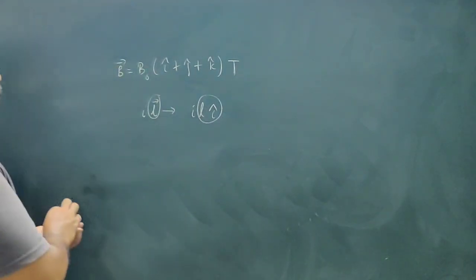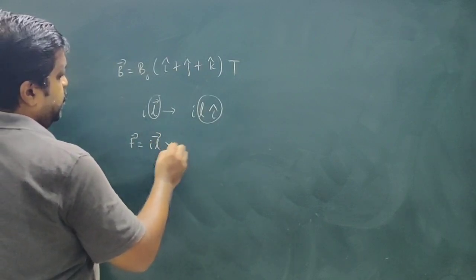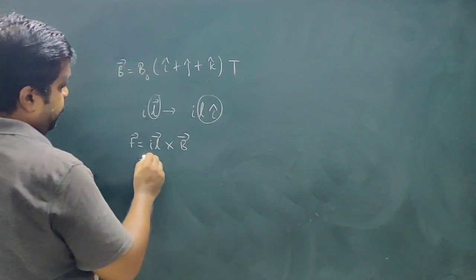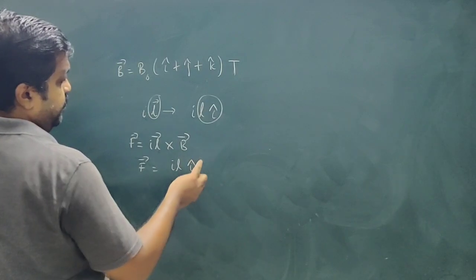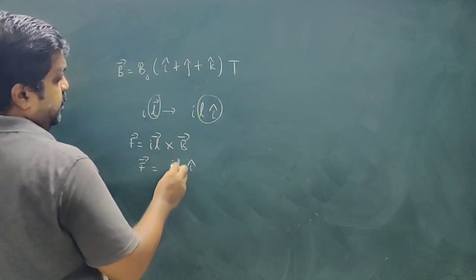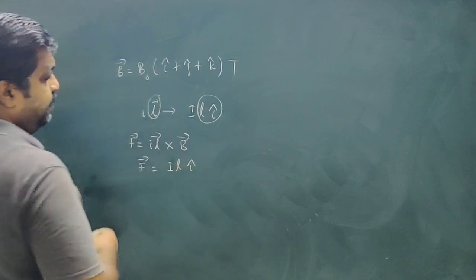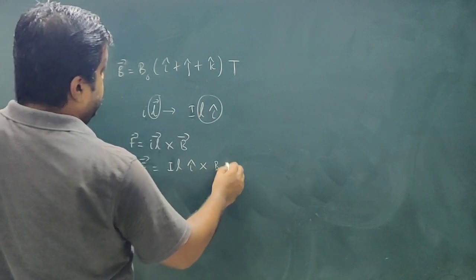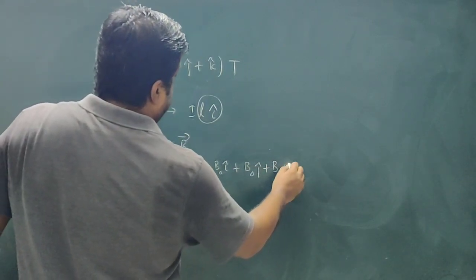Now force F is equal to IL cross B. So F is equal to IL i cap, where capital I is the current, cross B naught i cap plus B naught j cap plus B naught k cap.